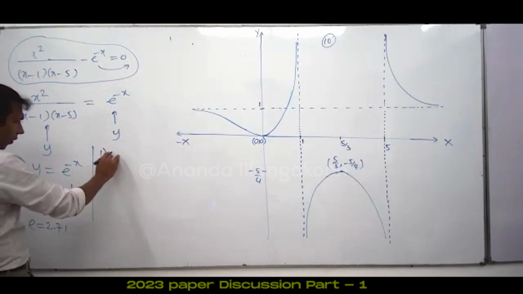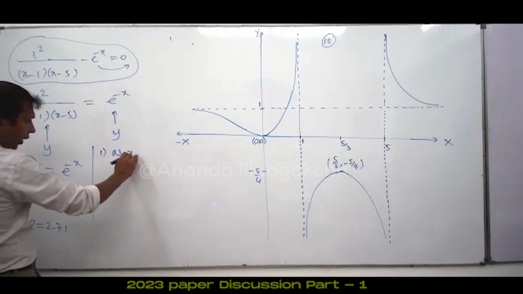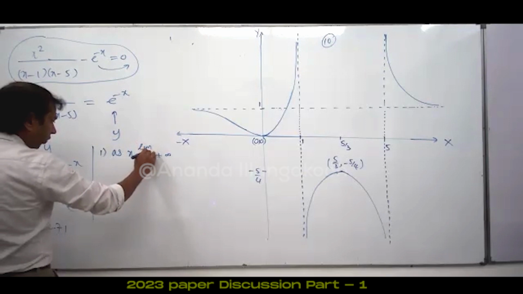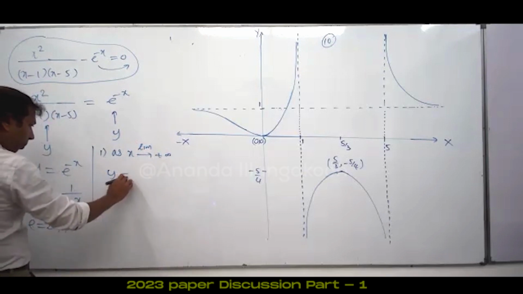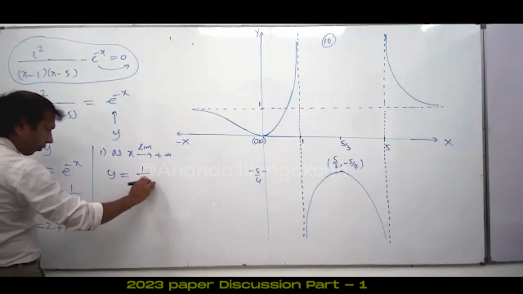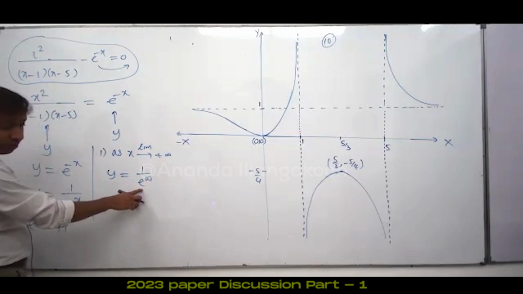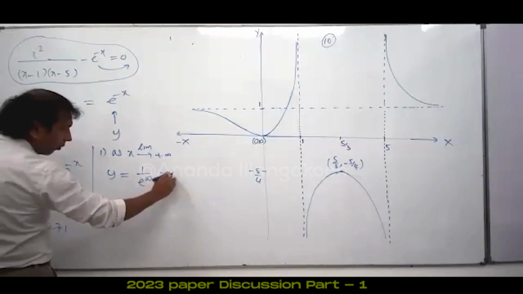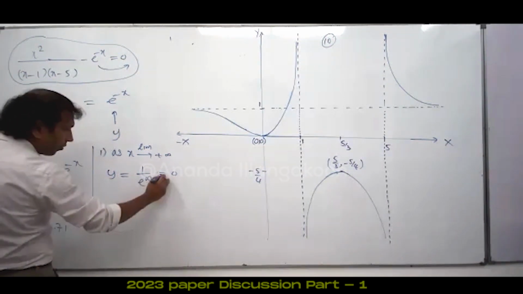Number 1. As x goes to plus infinity, what happens to this y? 1 over e to power plus infinity. e is 2.71. That to power infinity is infinity. 1 over infinity is 0. That means what, people?